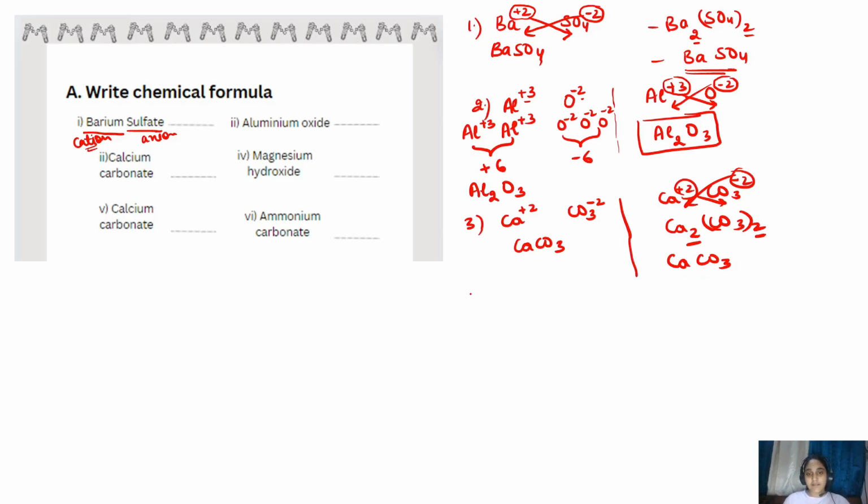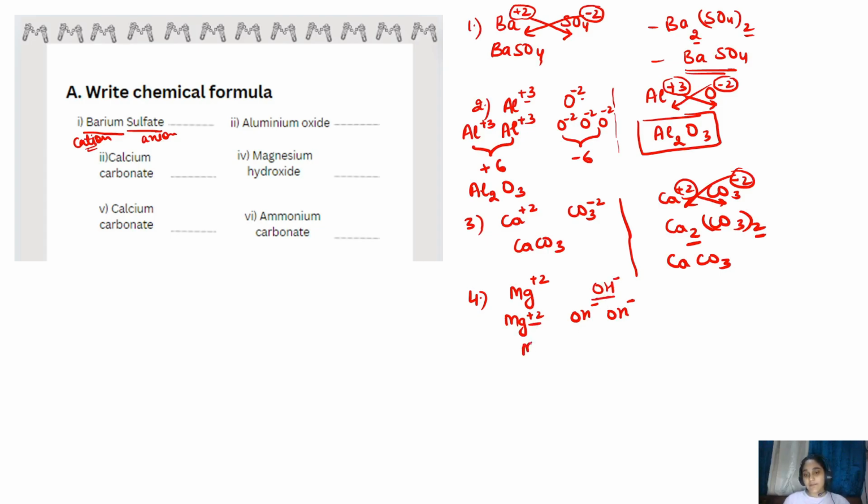Okay, so let's do the next example. Magnesium hydroxide. Magnesium again belongs to the second group, so valency will be 2, Mg 2 plus. And hydroxide is OH negative. Okay, how to balance this charge? Mg 2 plus, OH negative, OH negative, because there is a +2 charge, we have to make -2. How to make -2? If we take 2 OH negatives.